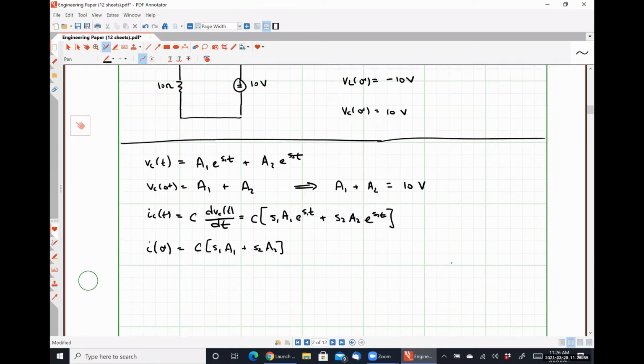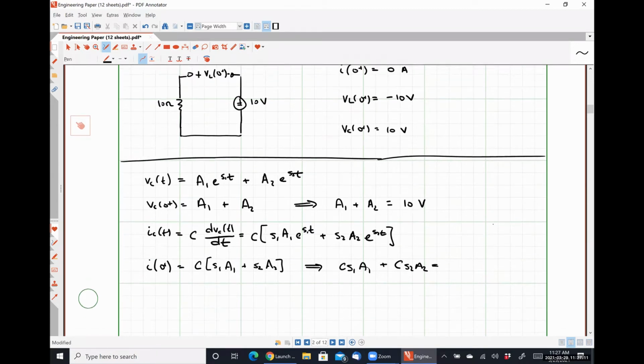And so this gives us C S1 A1 plus C S2 A2 is equal to our current, which was 0. So this is equation 1.